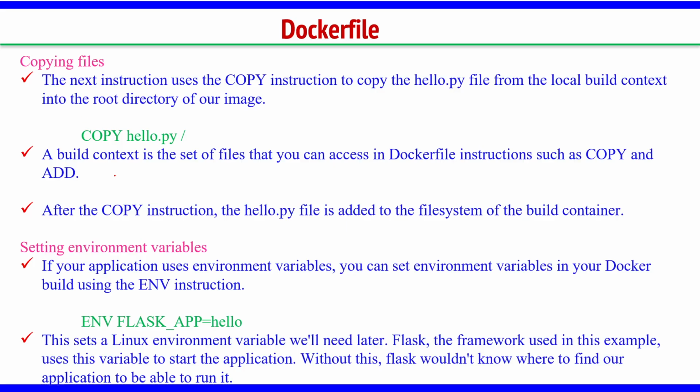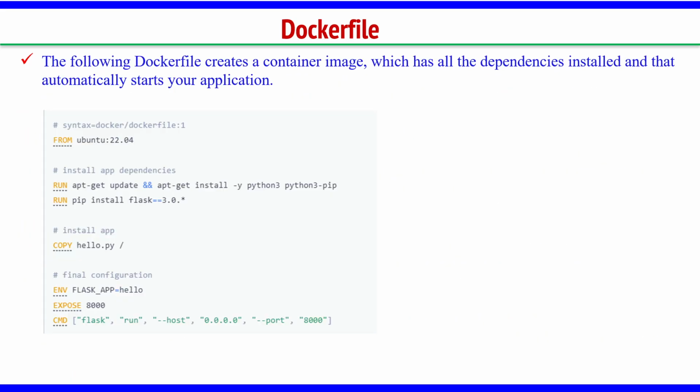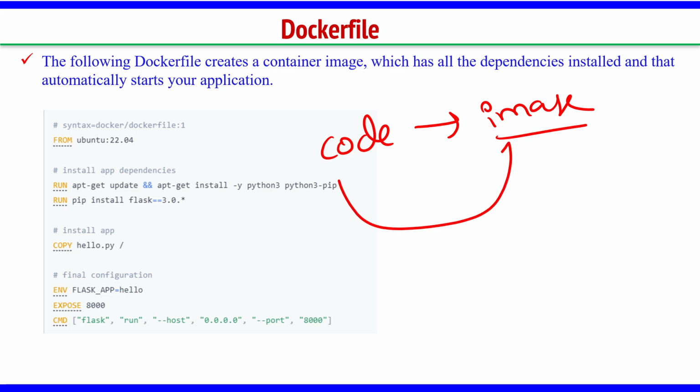Then copying files. The next one, if you see here, I am copying the code, because first step is to write the code only, only then I will create an image. So, the code has to be copied inside this image, right.